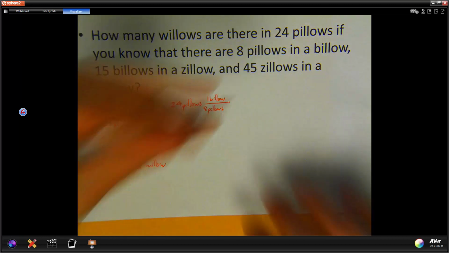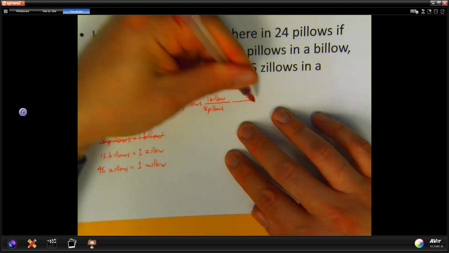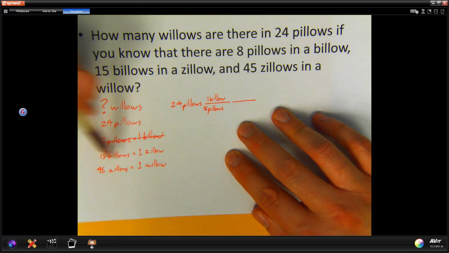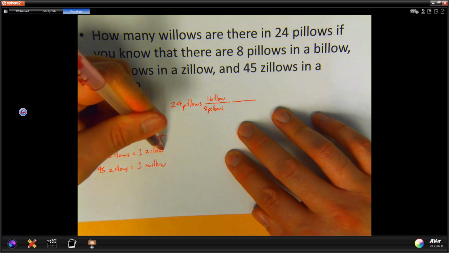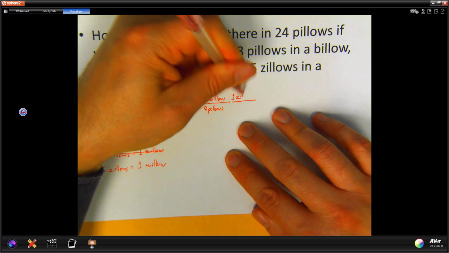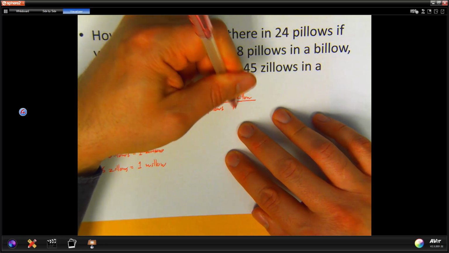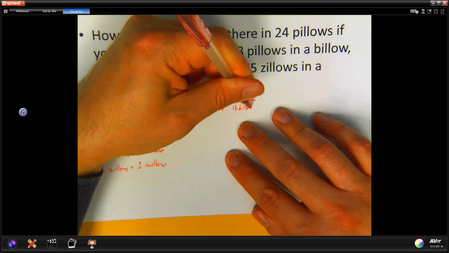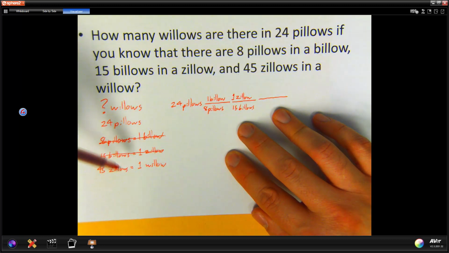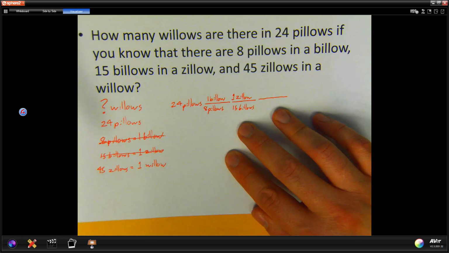Okay, next up we have billows. We want to get rid of billows. We see right here, we have an equality, 15 billows equals 1 zillow. So we'll go ahead and do that. So we put the 1 zillow on the top and the 15 billows on the bottom. Okay, so we've used that one. And then finally we have 45 zillows equals 1 willow.